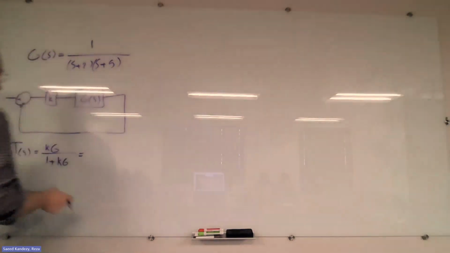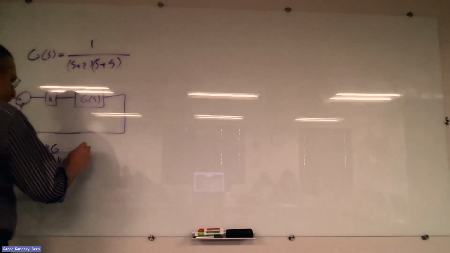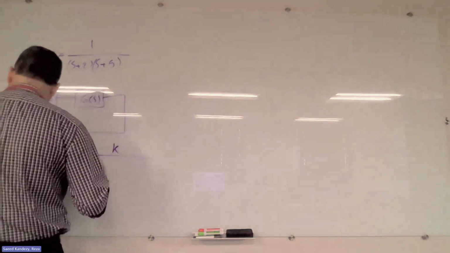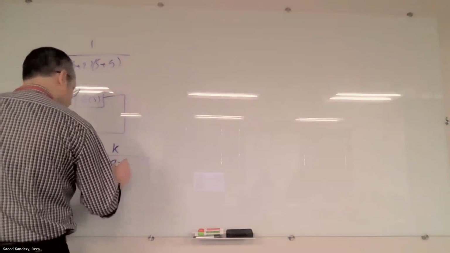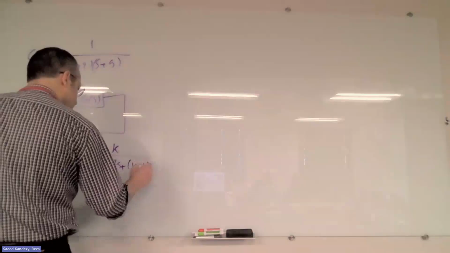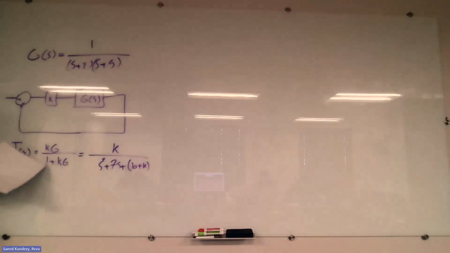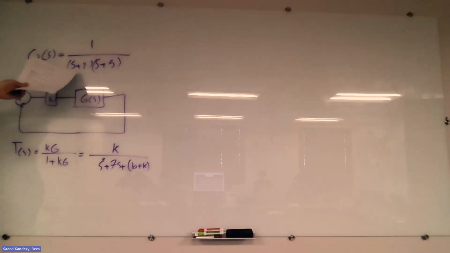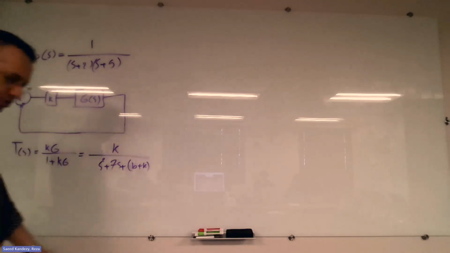Okay, so if you solve this formula and find the transfer function, we are going to see that our transfer function is going to be k over s squared plus 7s plus 10 plus k. Now, I assume you already know how to derive this mathematics. We just put the G of s in the formula and solve for the general transfer function.